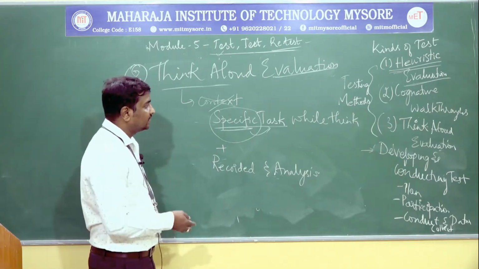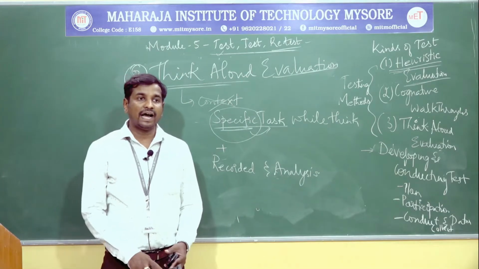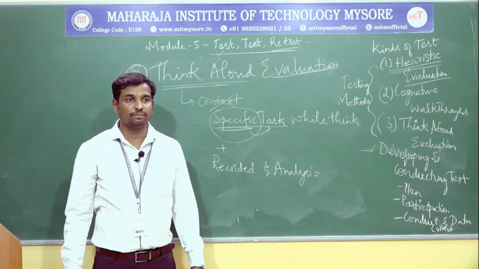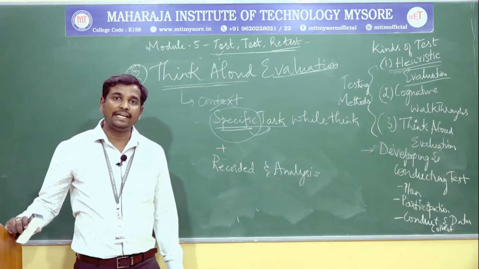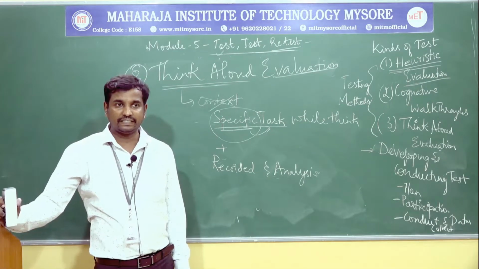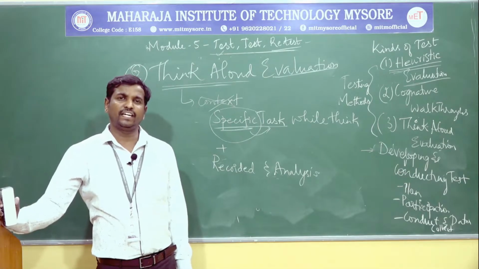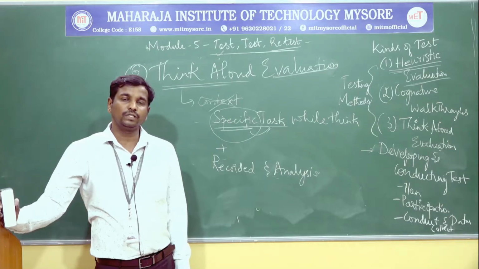Widely, this type of prototype is being used now, and it is more advantageous because we optimally utilize the specific task for representing the task, and we give more insight into the user's reasons.